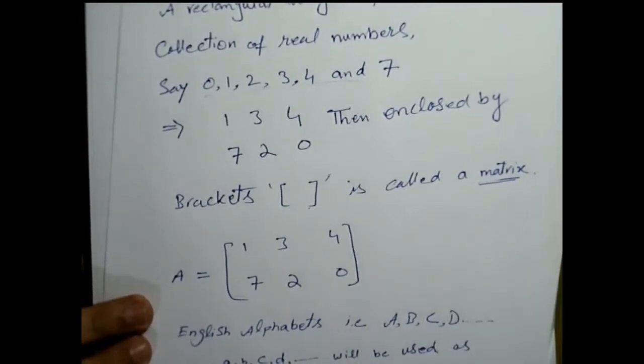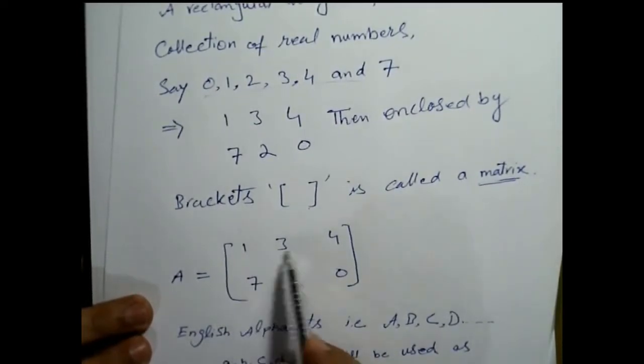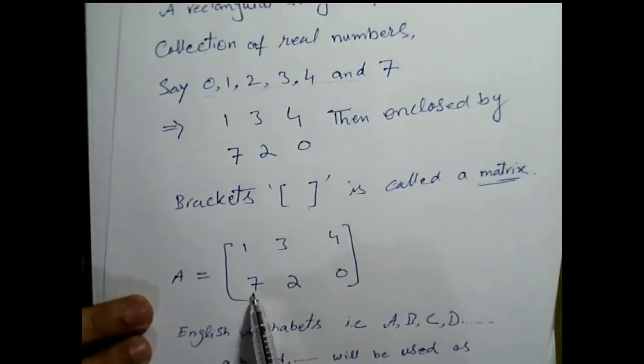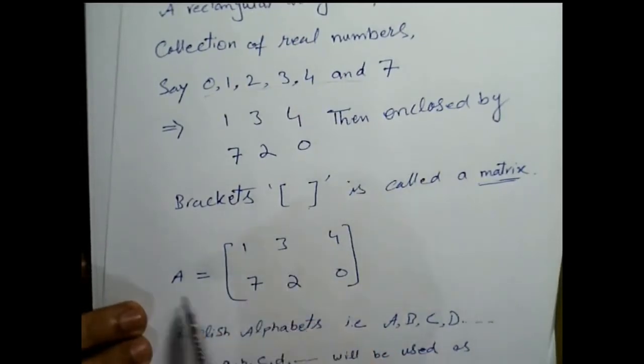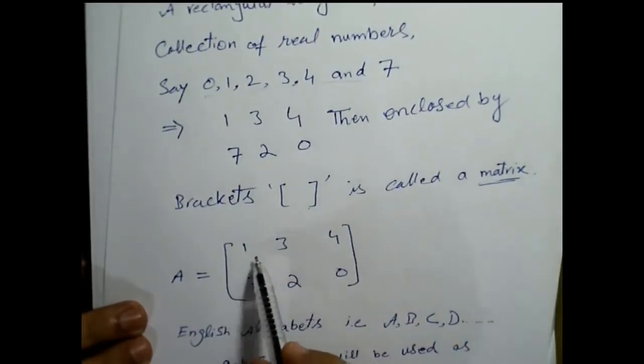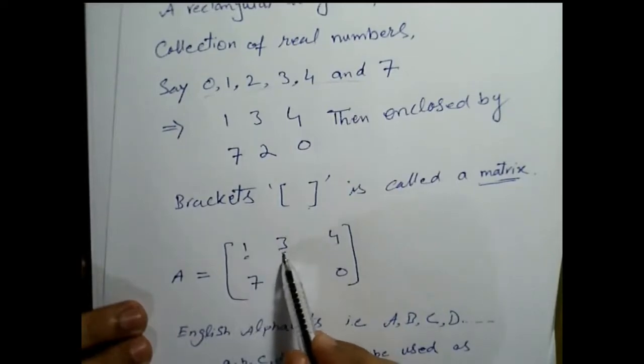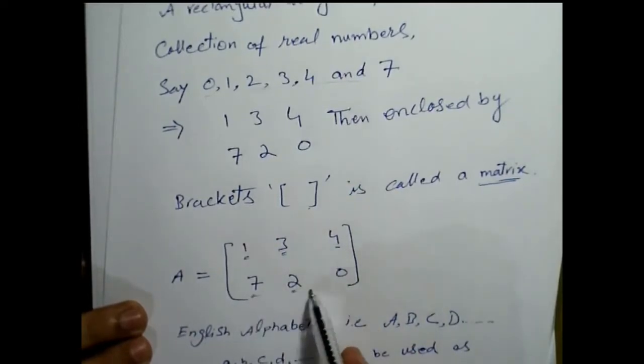And what are the elements? These internal numbers are called the elements of a matrix. This is a matrix. These are called elements of a matrix.